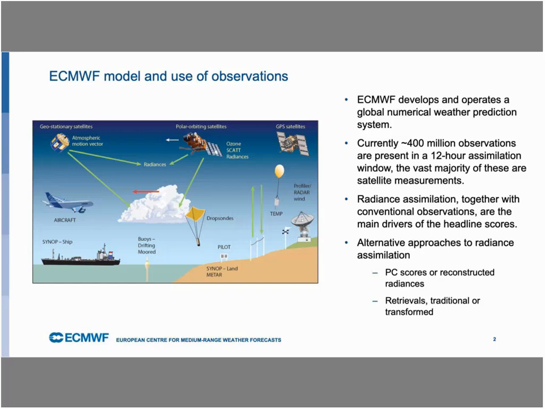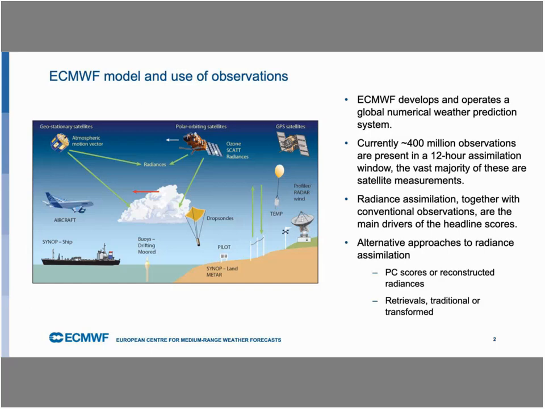And for example, from hyperspectral infrared instruments, we have thousands of channels available. So even though we get a very good positive impact through the radiance assimilation, we are not able to make use of the full spectrum of the data. So we just use a set of channels.